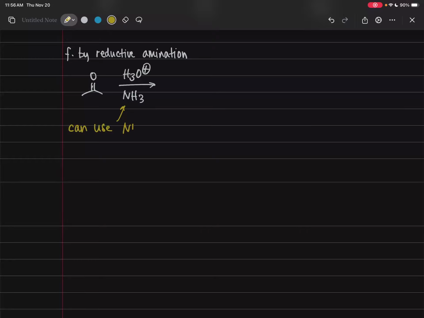Here you can use, of course, NH3, primary or secondary amines. Not a tertiary amine for this process, though. And that'll make sense in a second. So we have an acid and our amine of some sort. We go through an intermediate called an imine.